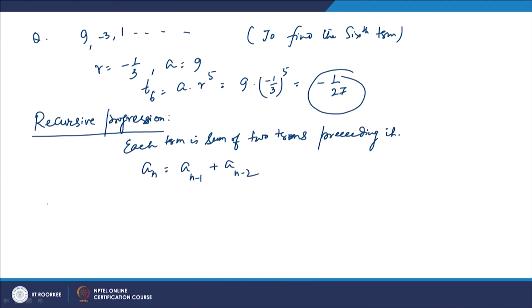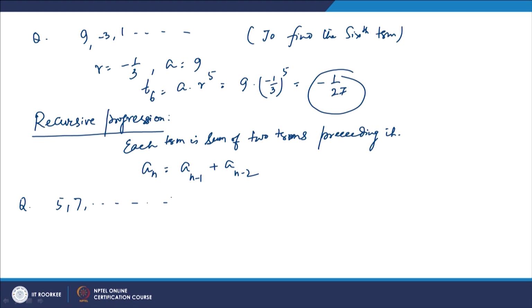Now, suppose you have a question where a progression is a recursive progression and your series is going like this, and you have to find the different terms.